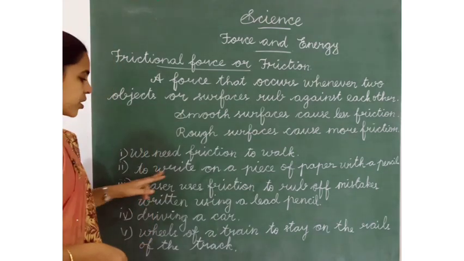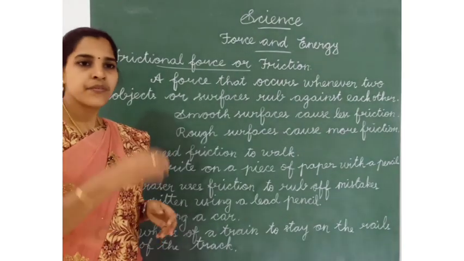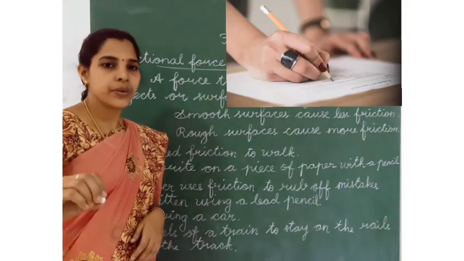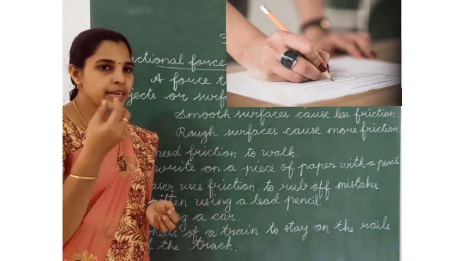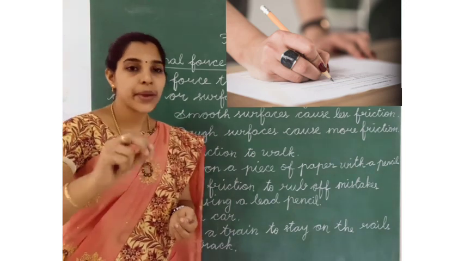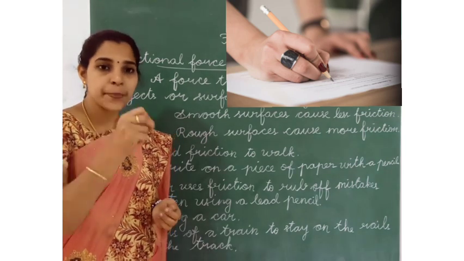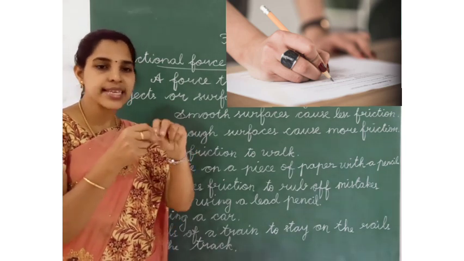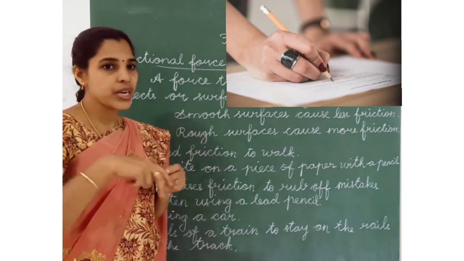Next, to write on a piece of paper with a pencil. We are writing on the paper using a pencil. We have to hold the pencil properly. If the pencil is slipping, we cannot hold the pencil properly, we cannot write.